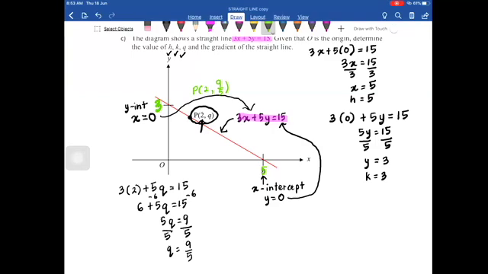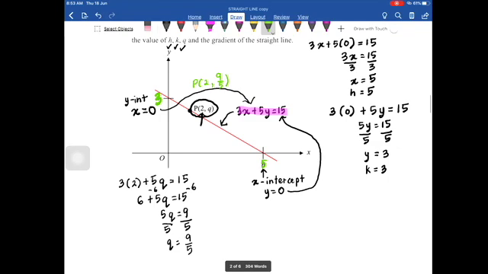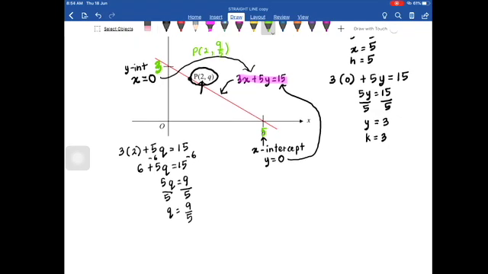Alright, sekarang, how do you find the gradient of the straight line? Ingat lagi form 2, how do you calculate the gradient of a straight line? Y-intercept over X-intercept. Not quite right. You are missing something. Negative Y. Gradient m equals negative y-intercept divide x-intercept. Okay, ada cara lain? Vertical over horizontal. Yes.